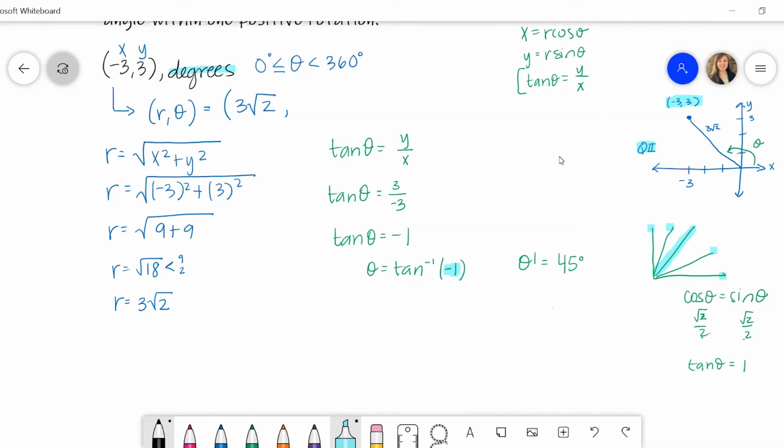So I adjust accordingly. If this is my reference angle and this is 45 degrees, how do you work backwards to find theta? Well, you say, what's 180 minus those 45 degrees? And you end up with 135.